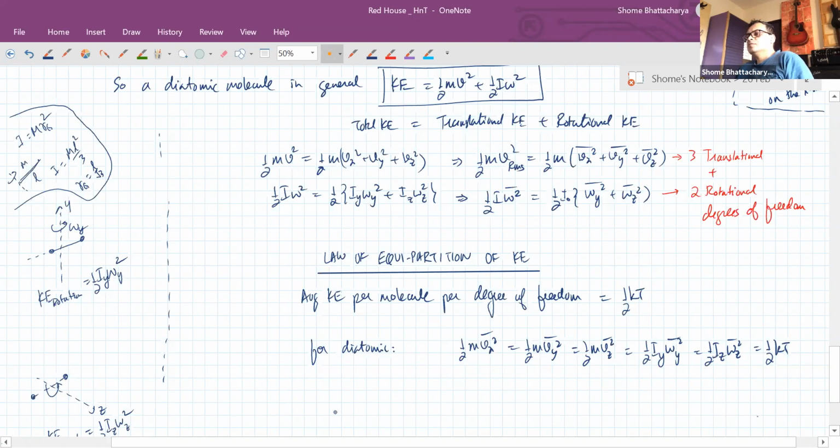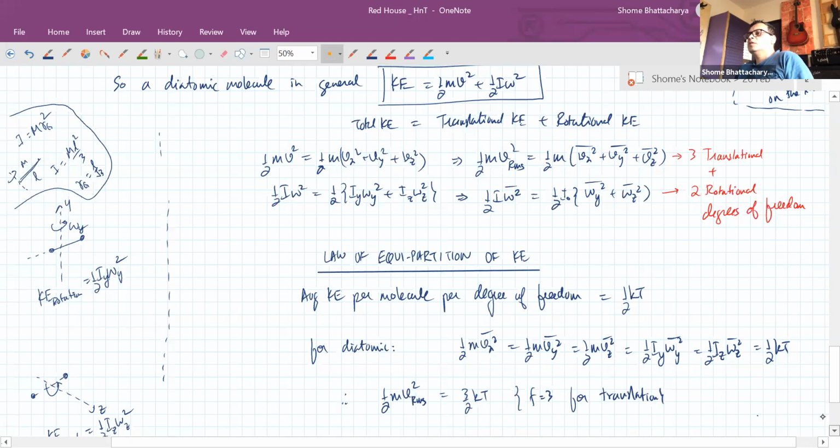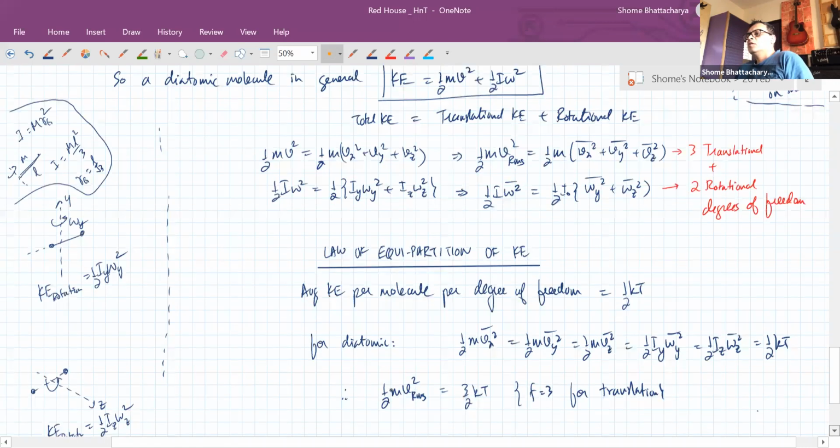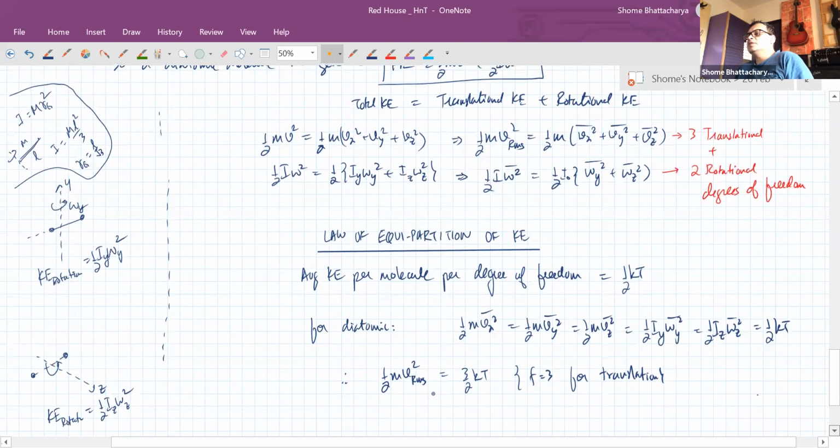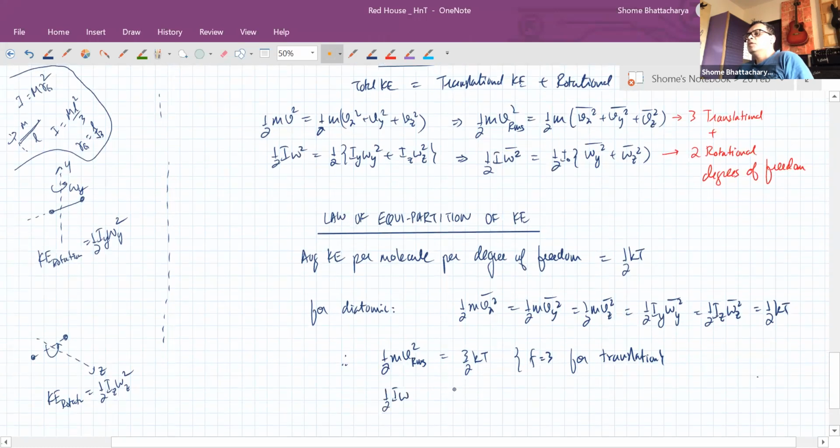And therefore, half m Vrms square will become 3 by 2 kT because the degrees of freedom are 3 for translation. But half I omega squares average will become kT because the degrees of freedom are 2 for rotation of diatomic molecules.